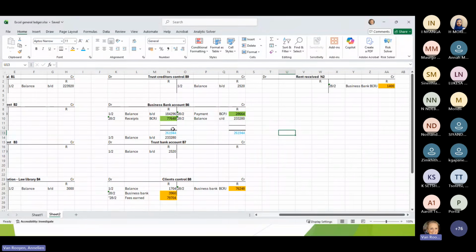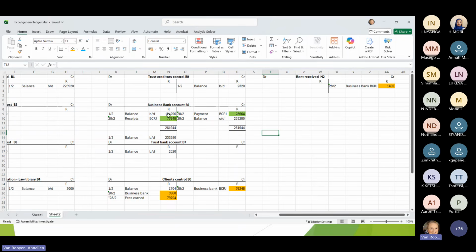Okay, so the total of my ledger will be that. This is how your ledger will look. Don't make a mess of this in these assignments or this exam.